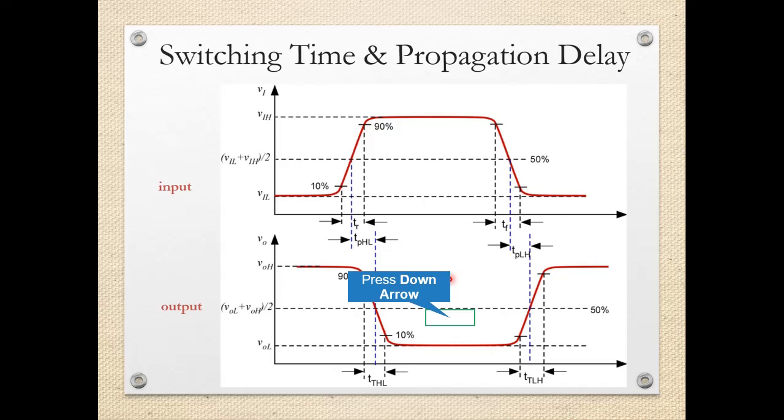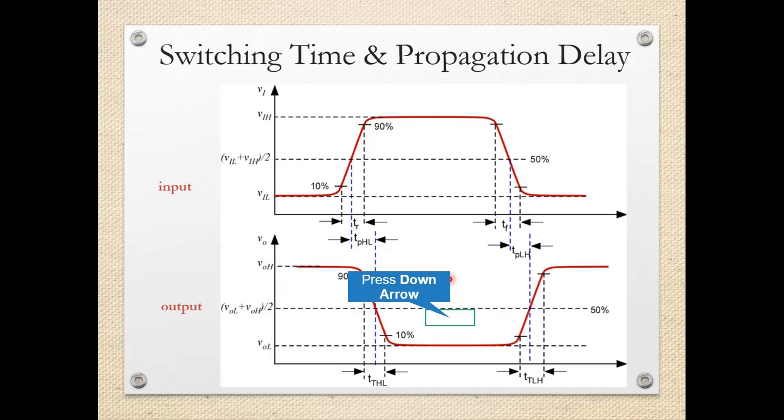It is the point at which the input is having exactly 50% of its maximum value, and this is another line that you can find. It is the time at which the output is having exactly 50% of its maximum value. So the time required for output to change with input, from 50% of maximum to 50% of maximum output, is called the propagation delay.